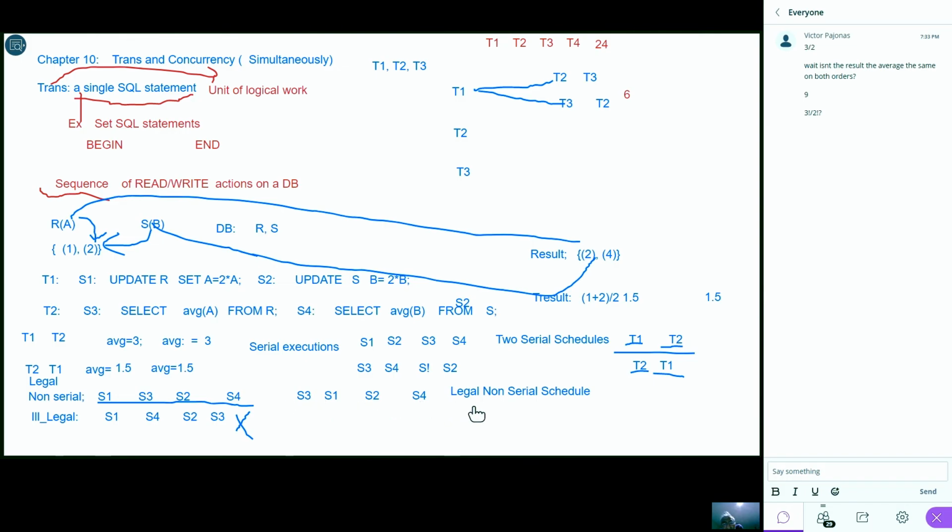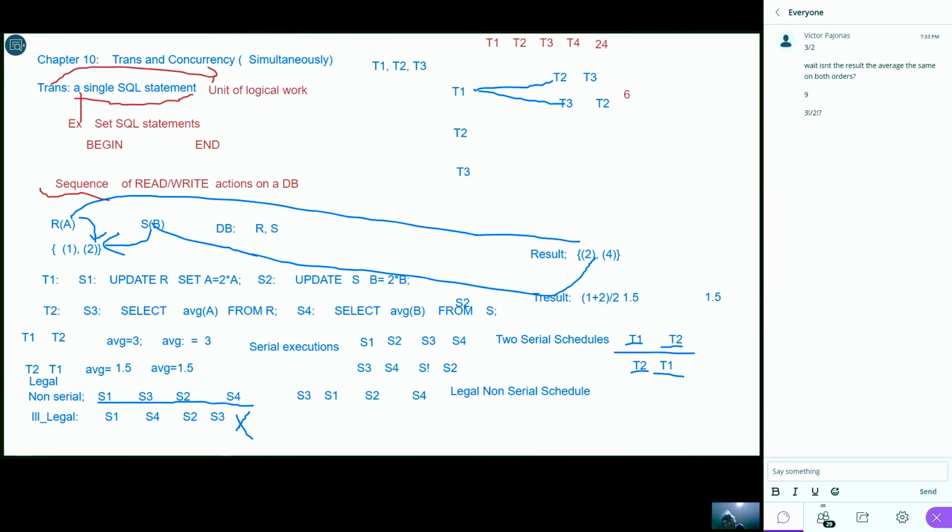We are looking for special non-serial legal schedules whose result will be equivalent to some serial schedule. That's what we are looking for.